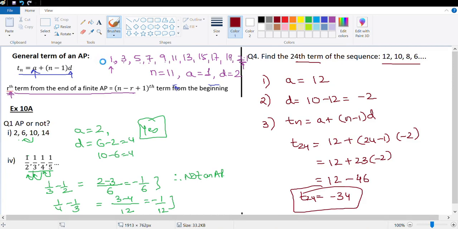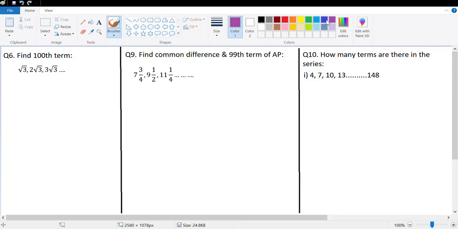Let's look at the next question. The next question that we have is question number 6. It says find the 100th term of the given AP. Let's again figure out the first term. So T1, which is equal to A, is root 3. Common difference, in this case, 2 root 3 minus root 3, that would be 2 root 3 minus root 3 is 1 root 3, which is root 3.